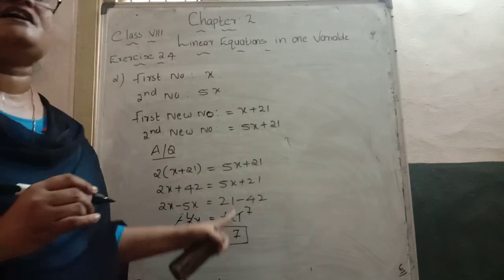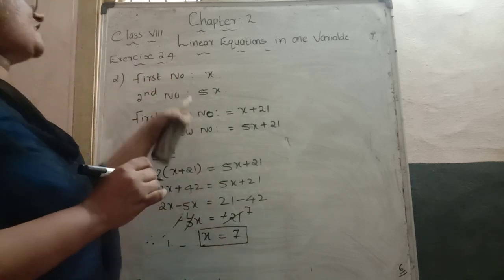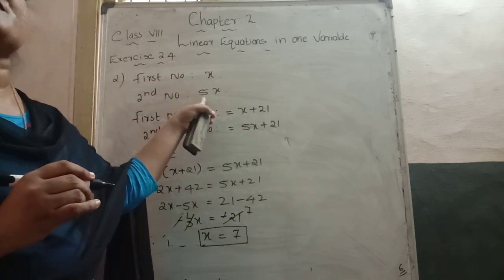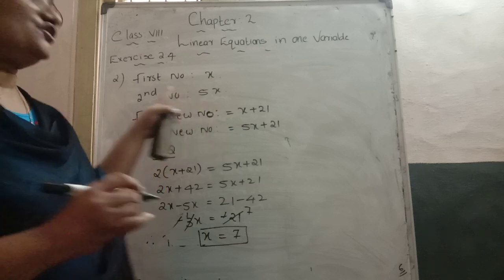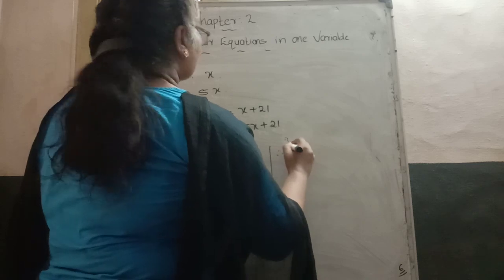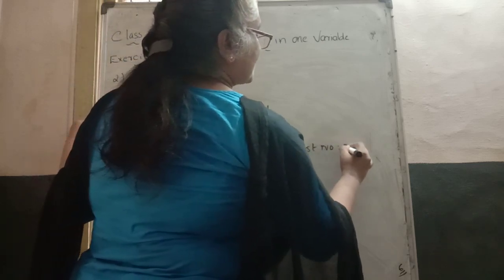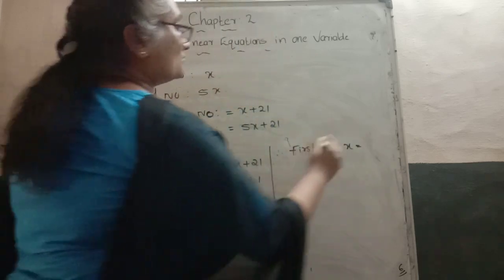This x value, substitute in the first number place and in the second number place. We get our required two numbers. Therefore the first number we consider as x, and the x value is 7.